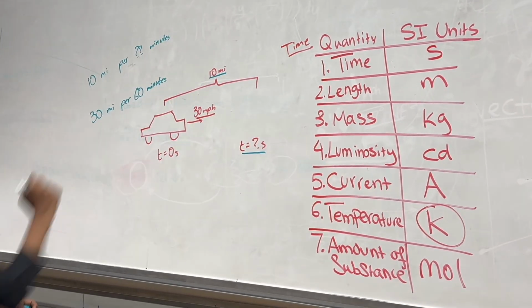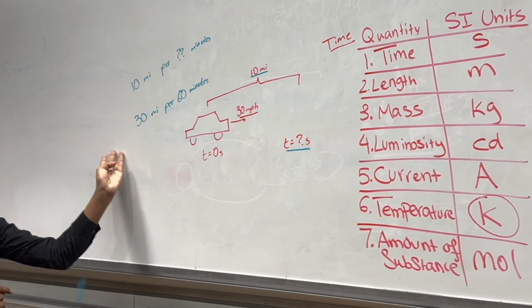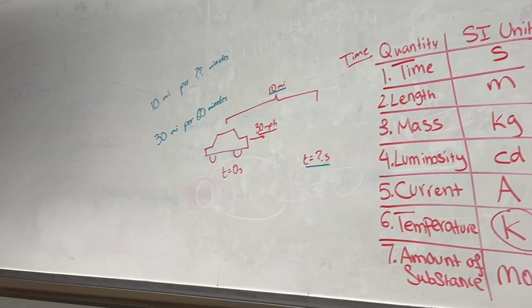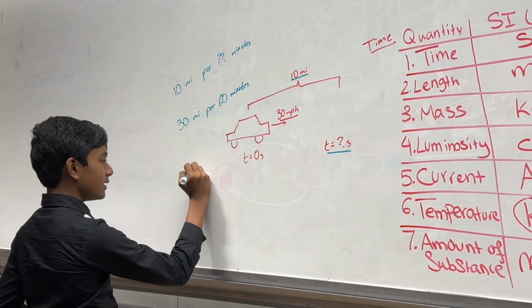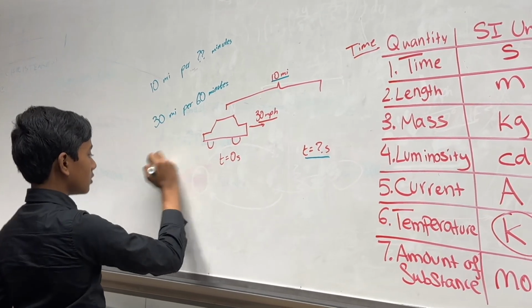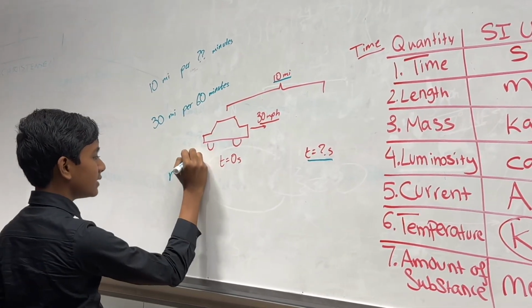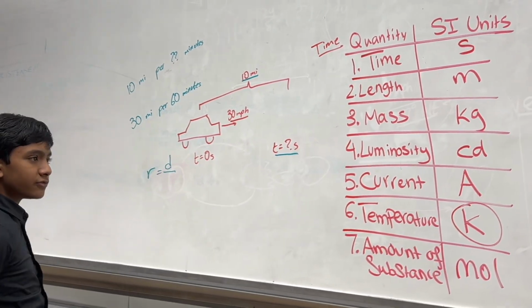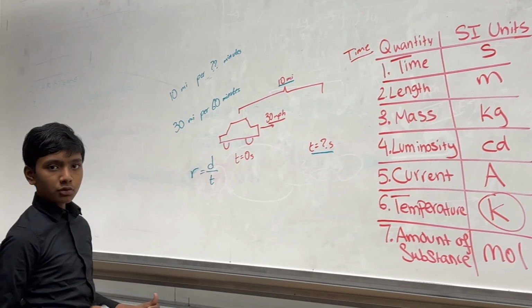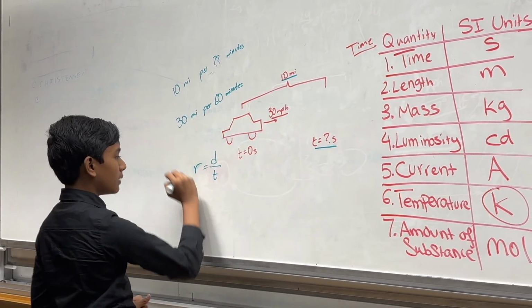Well, it should be pretty common sense that if it goes 30 miles in 60 minutes, the rate is the amount of change that has happened, so the distance, divided by the amount of time that has taken place. So the change right now is 10 miles.